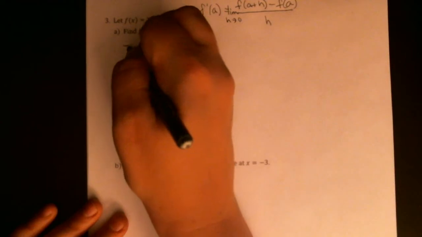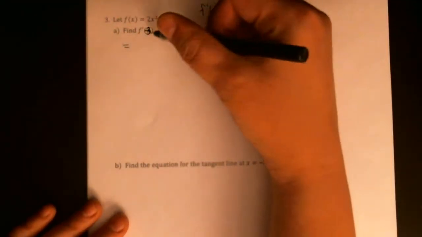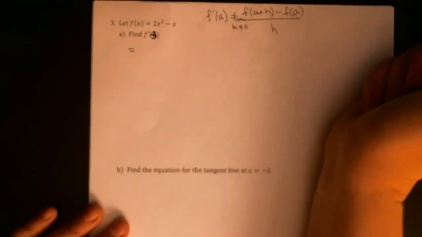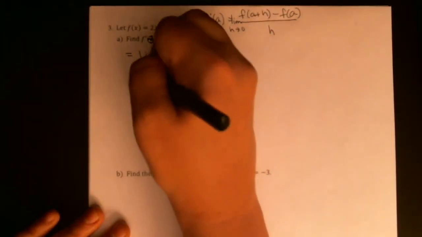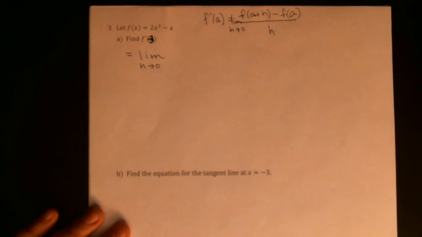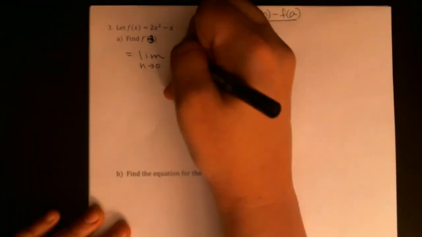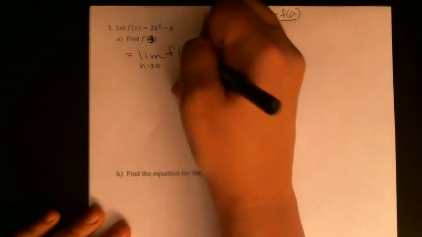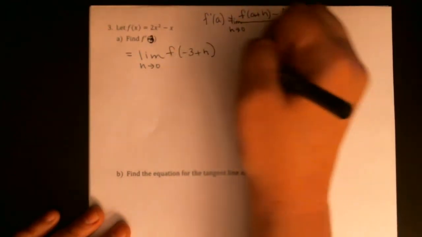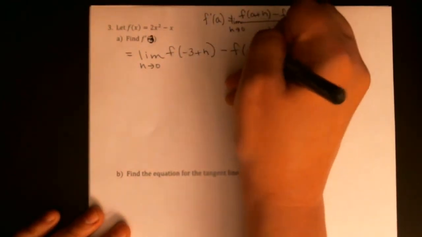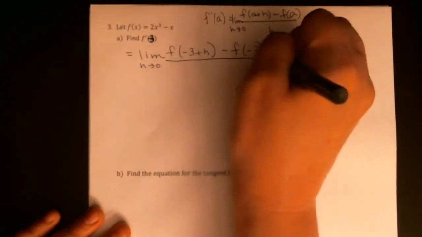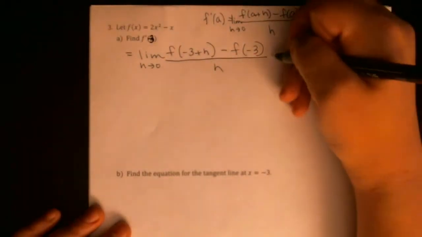So if I want f prime of -3, -3 is my A. So I'm going to go ahead and say, all right, I'm looking for the limit as h approaches 0. So h always goes to 0 regardless of the x value you're interested in. So we want f of -3 plus h minus f of -3 all over h.